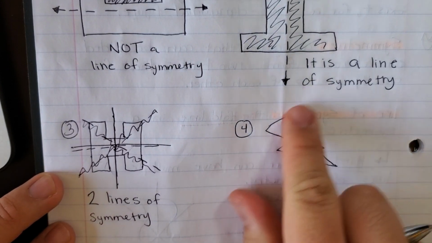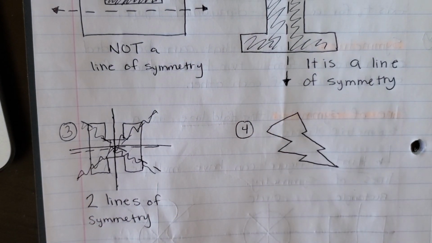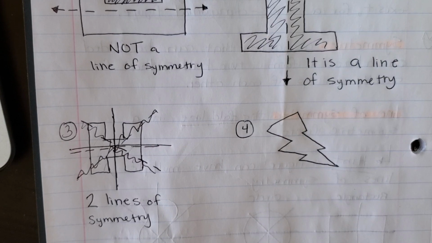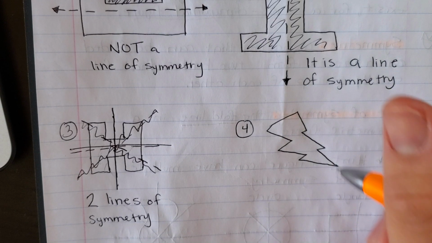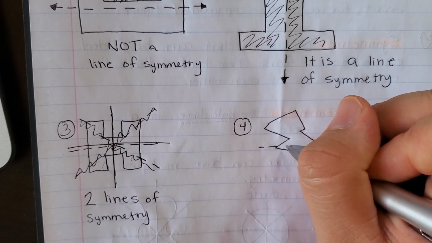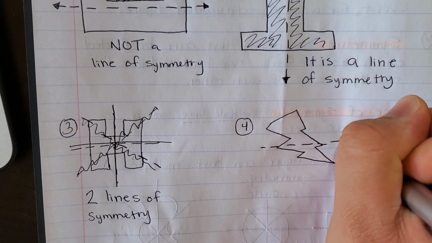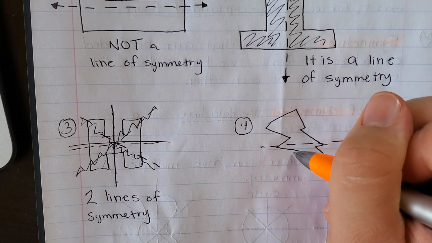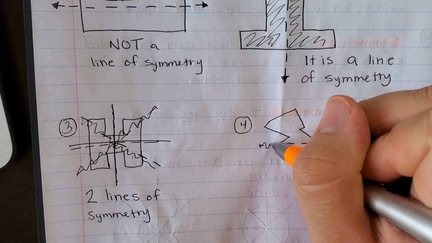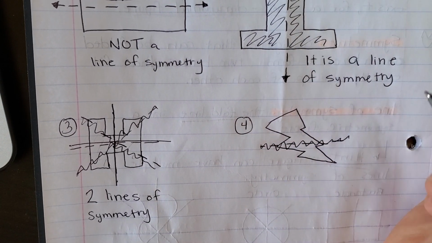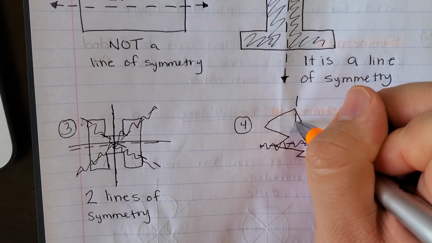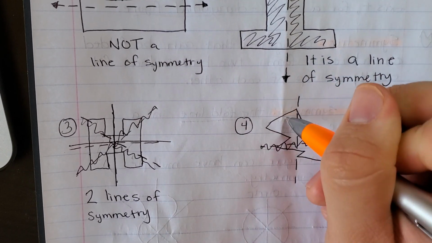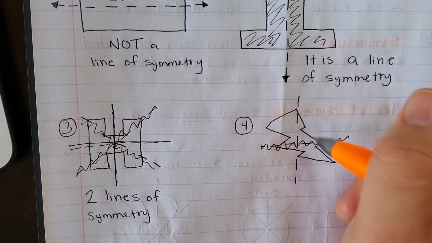Okay, now let's look at this other figure that looks like a lightning bolt. Now, can we go ahead and cut this one halfway? Is this exactly the same as down here? No, the horizontal way doesn't work. How about the vertical way? I can go up and down. Is this exactly this area?